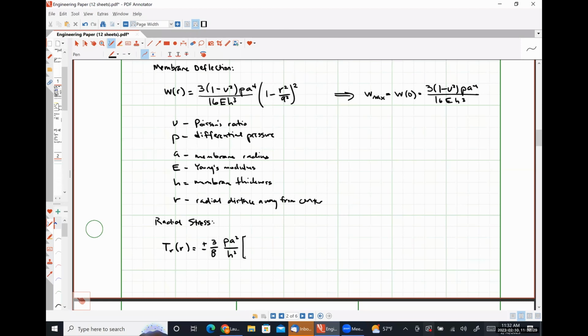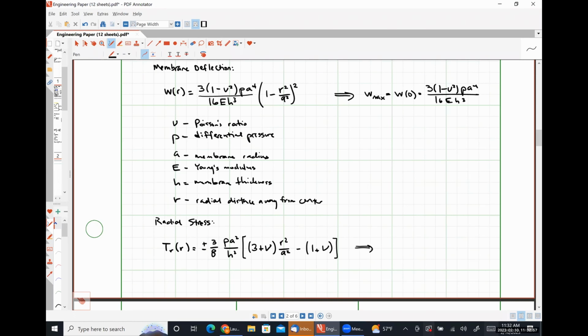This is multiplied by 3 plus Poisson's ratio R squared over A squared minus 1 plus Poisson's ratio. So that is our radial stress.